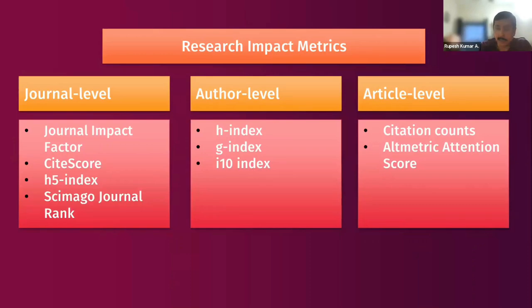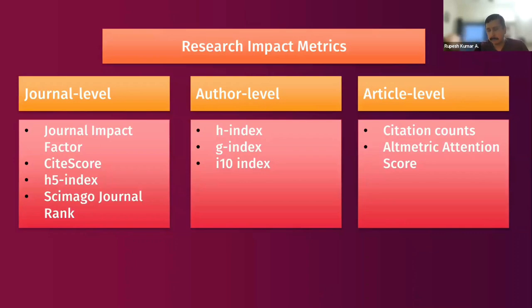And a new metric has emerged called altmetrics, which provides the altmetric attention score, which is a new generation metric, I would say, which considers not only scholarly research impact, but also the online attention received by the articles from various public platforms. I'll talk about altmetric attention score on some other occasion, or you may find it out from altmetric.com. My focus is on the scholarly metrics. Therefore, I confine my presentation only to journal level metrics, author level metrics, and then article level metrics, citation counts.